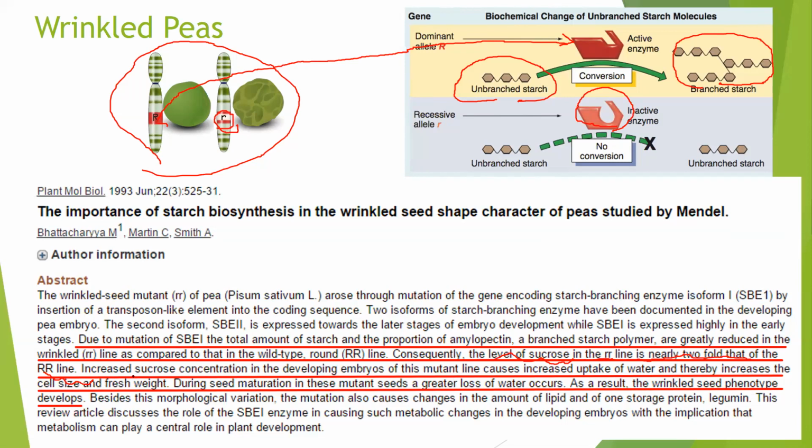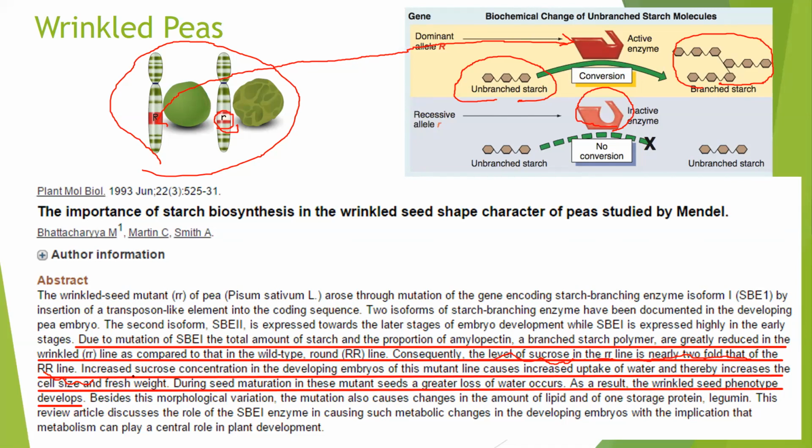If the concentration of the sugar is high, it will help the cells and the seeds take up a lot of water to reduce the concentration of the sugar, and this will make the seeds bigger, larger, full of water. However, during seed maturation, this water will be lost.